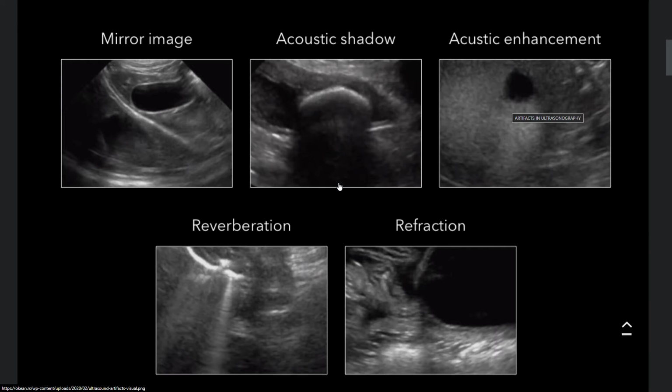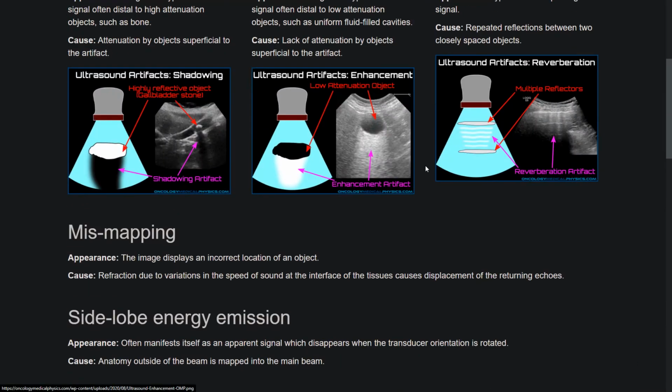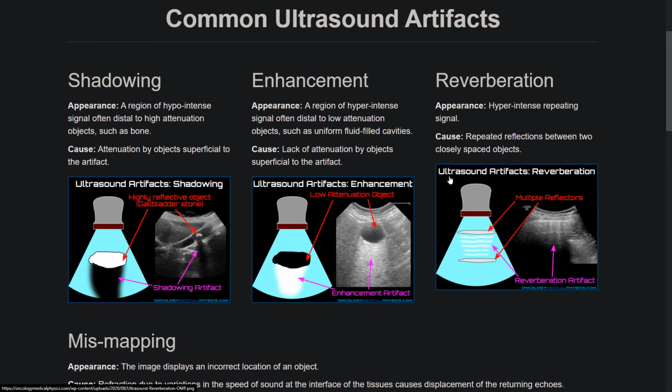on the ultrasound artifact, I'm going to show the three types of artifact that I chose. The first one is the reverberation artifact.